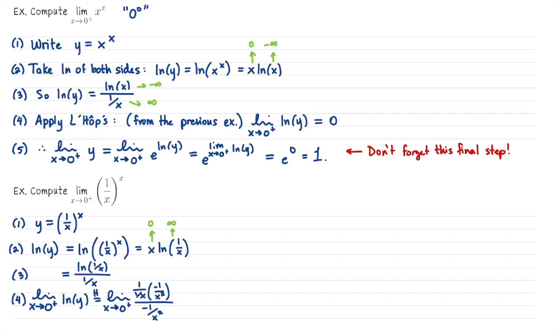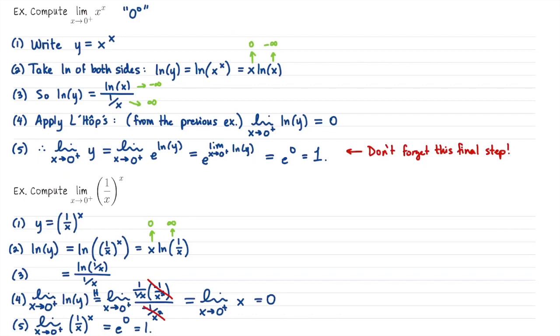This is not too bad because those cancel, and we're left with the limit as x goes to 0 from the right of 1 over x, which is actually just x. So once again, this limit is 0, which tells us that the limit as x goes to 0 from the right of our original expression is going to be e to the 0, which is 1.